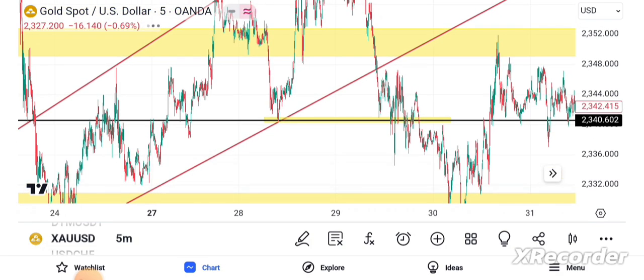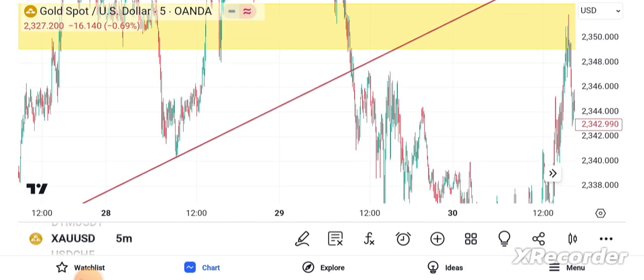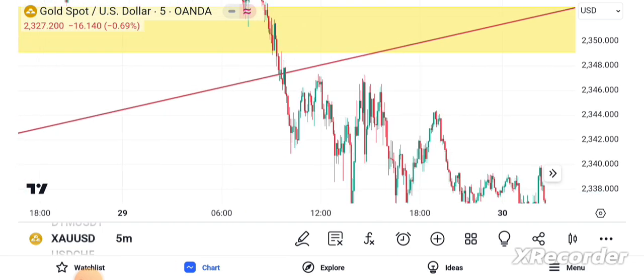Now, if I were to enter this trade, because you can't just enter this trade after the breakout, you need to wait for certain market conditions to be met before entering. Now, looking at this breakout, what then do I do? How do I enter this?